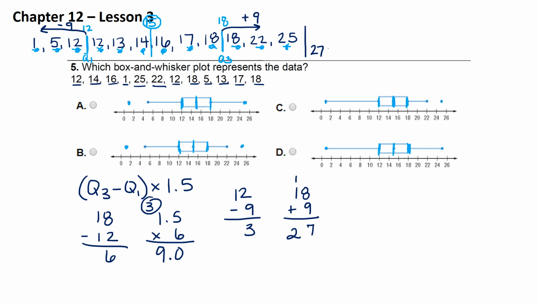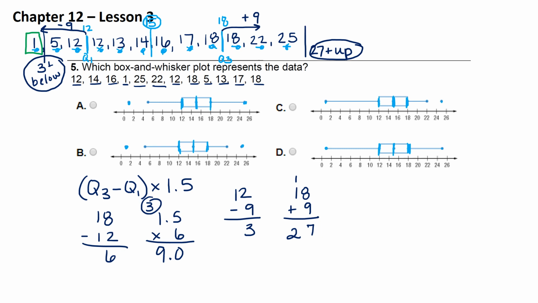So 27 and up is an outlier, and 3 and below is an outlier. So the only data that we have that qualifies for an outlier is 1.